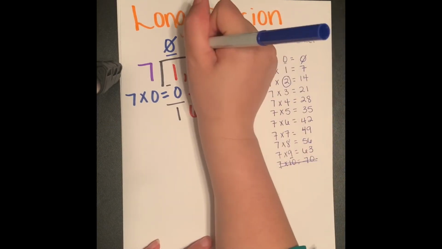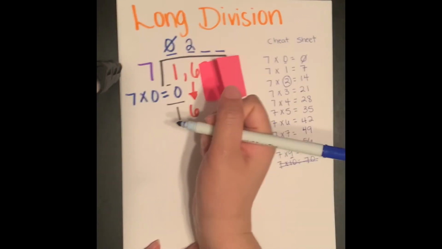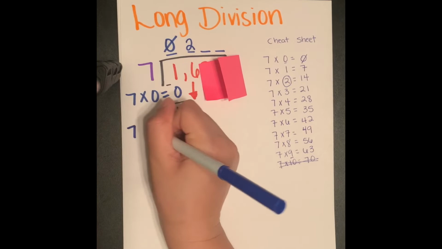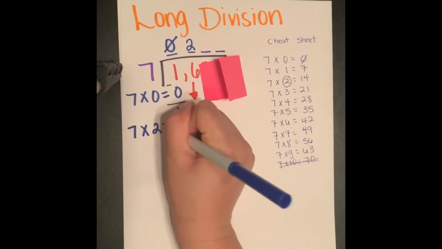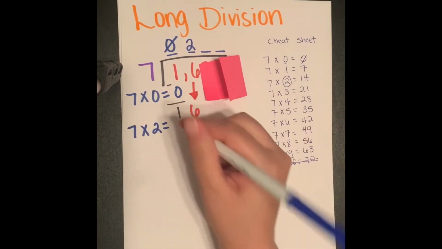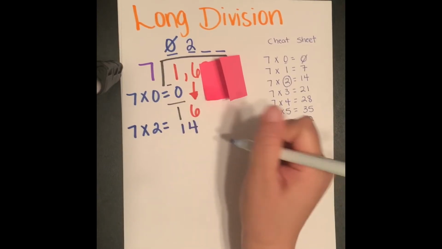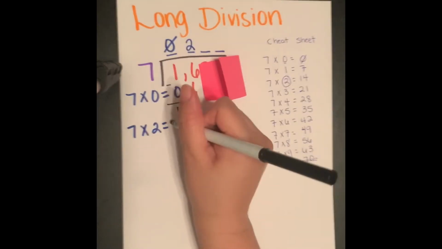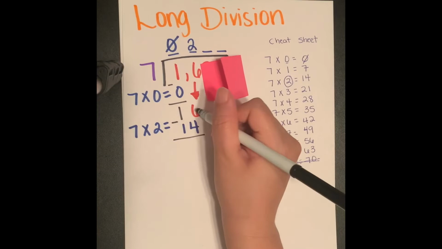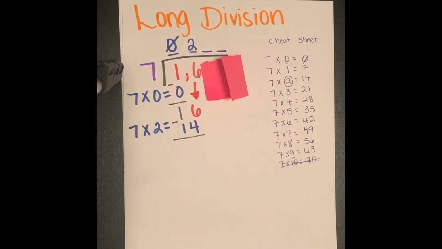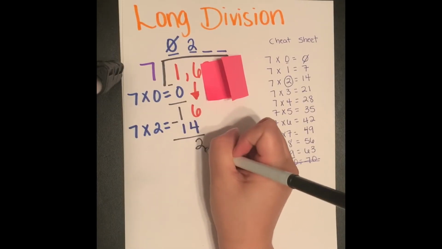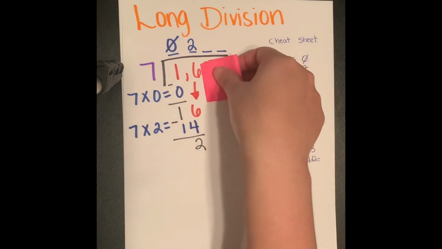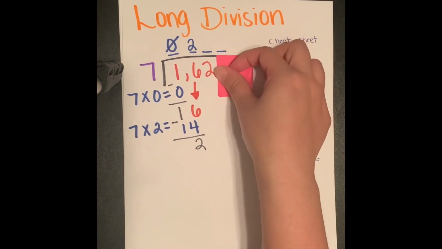So I would write the 2 in my quotient. Then I write my math fact. 7 times 2 equals 14. Then I subtract. 16 minus 14 is 2. Then I'm able to go to the next digit.